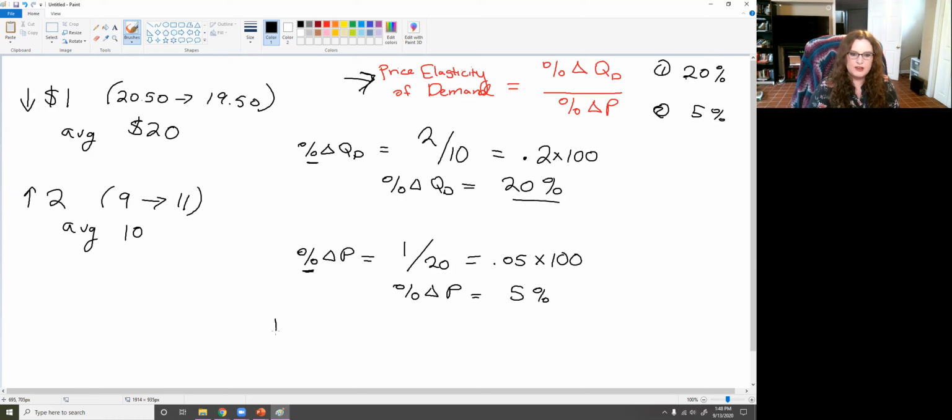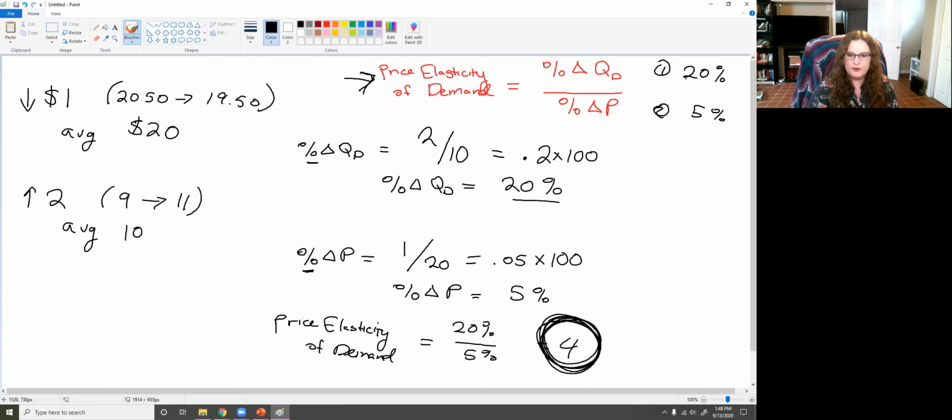That means that our price elasticity of demand is equal to 20% divided by 5%, which equals 4. Boom! Look at that pretty 4. We know that the elasticity is 4.